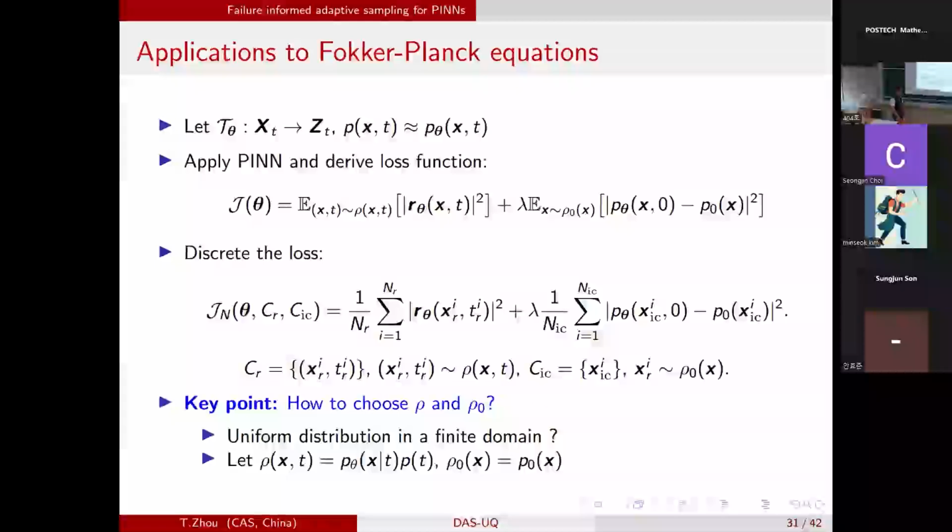So the solution itself can be an error indicator. You don't need to build another indicator based on the so-called residue, because you are approximating the solution. The solution is a density function, and you model the density function with a generative model. After a few SGD iterations training the neural network, you get an approximate solution. This solution is a generative model. You can use it to generate new points.